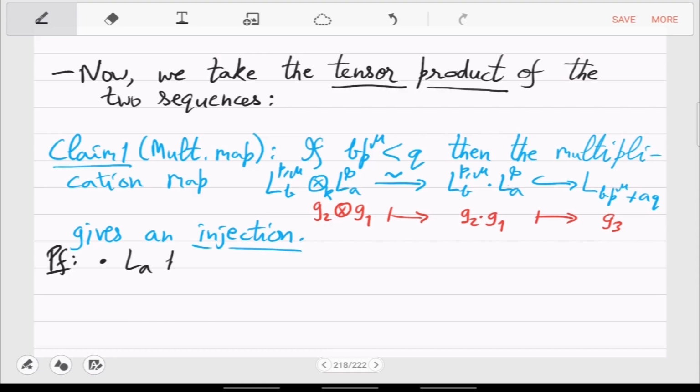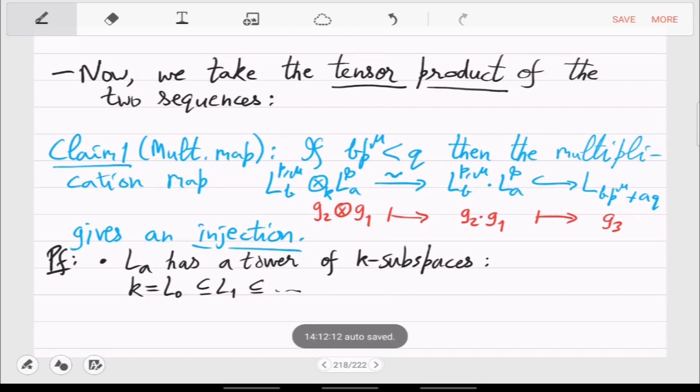So L(A) has a tower of K-spaces. K is L0, then you have L1, up to L(A minus 1) and L(A).